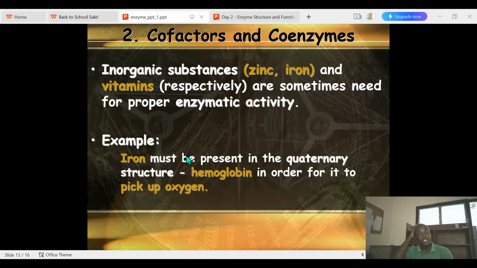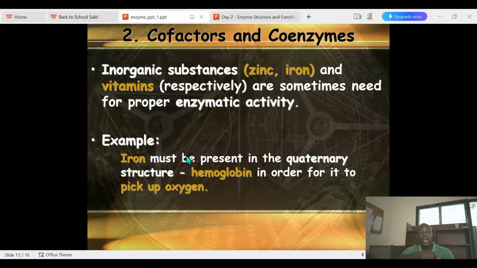And you need these cofactors and coenzymes, but it's not every enzyme that needs them. Let me give an example. Iron is an example of an inorganic substance that is present in the quaternary structure of hemoglobin in order for it to pick up oxygen.